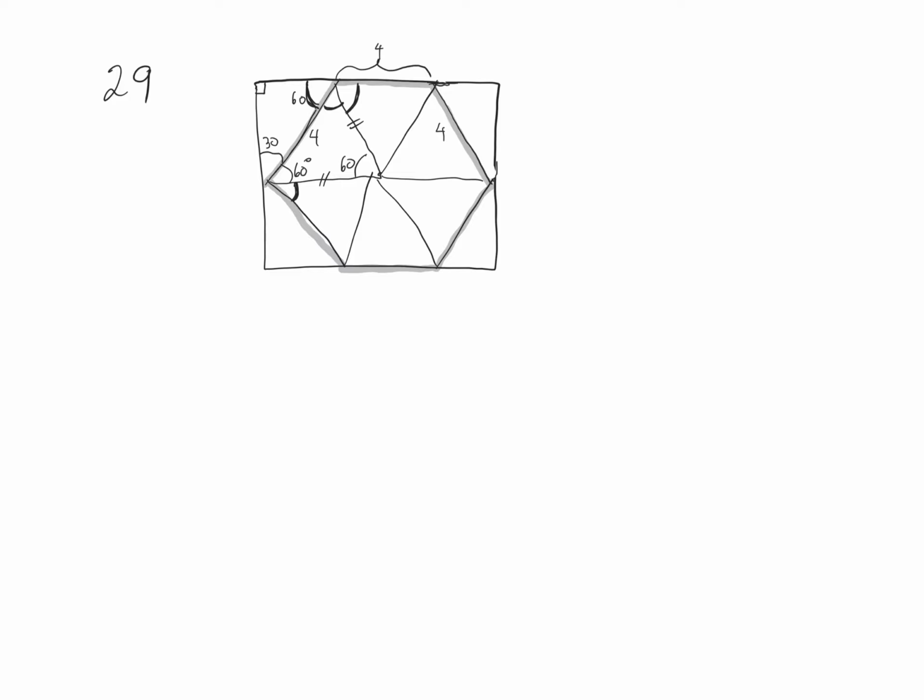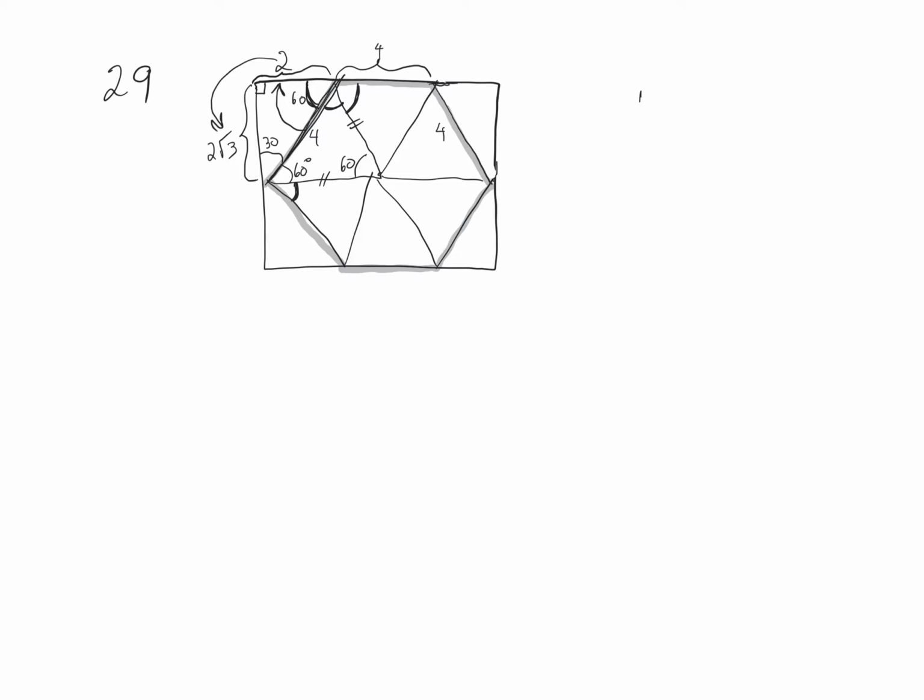Now if this is 4, then we can just multiply the hypotenuse by half or divide by 2, and we get a length of 2 right here. So this is a length of 2. And then we go from this one to that one by multiplying by root 3. So that's 2 root 3.